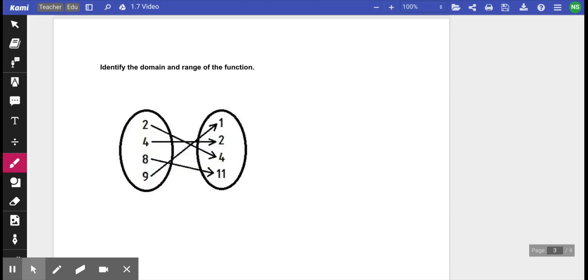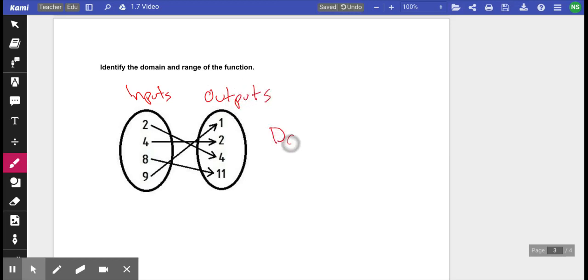Let's take a look at some things you might be asked to do with mapping diagrams. One thing you'll be asked to do is to identify the domain and range of a function. Well, I know that I have inputs here and I have outputs here. So input is domain.